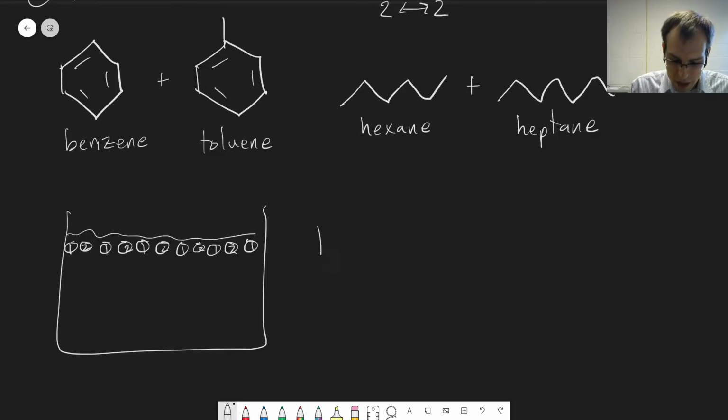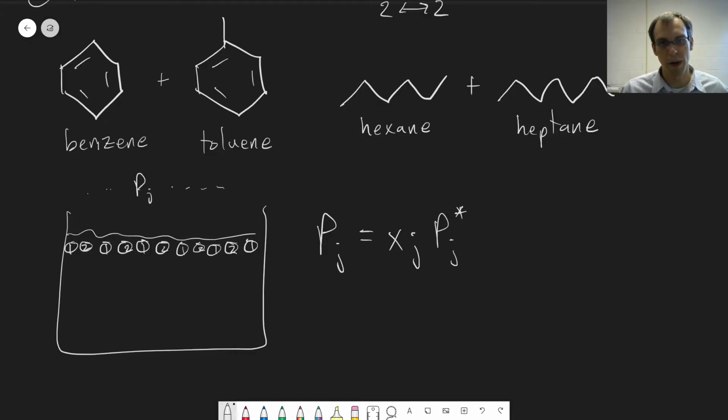So what we can say is that the vapor pressure above this solution, this is Pj up here. There's P1 and P2, two different vapor pressures we need to worry about. This is just going to depend on the mole fraction of J times, scaled by, the pure substance vapor pressure.